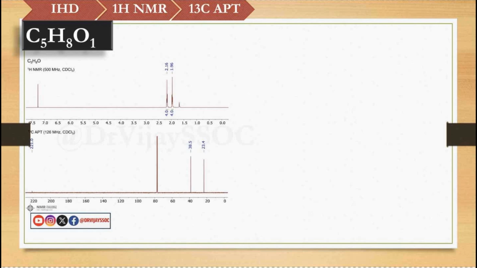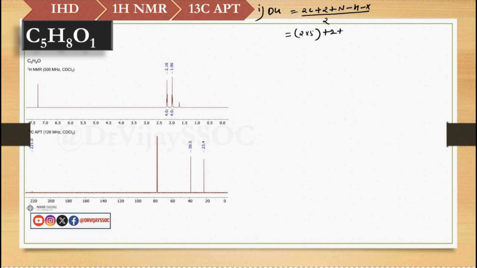So after revision, now we are ready to take this challenge. First we will calculate the degree of unsaturation. This is the formula: (2C plus 2 plus number of nitrogens minus number of hydrogens minus halogens) divided by 2. How many carbons are there? 5.